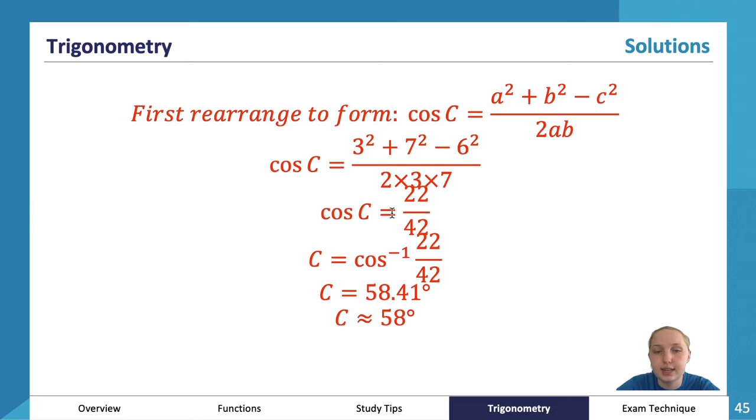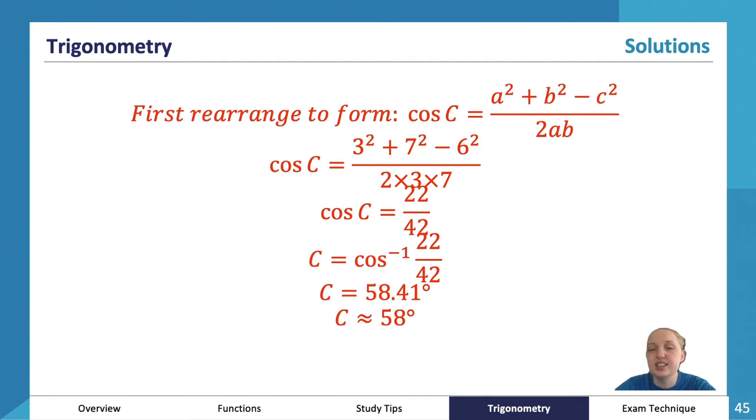So we'll get cos C is equal to 22 over 42. Then we just take this cos across by making an inverse, and we'll get that angle C is equal to cos to the negative 1 of 22 over 42, which if we put that in our calculator, making sure it's in degrees, we'll get 58.41. Rounding off to the nearest degree, we get 58 degrees.